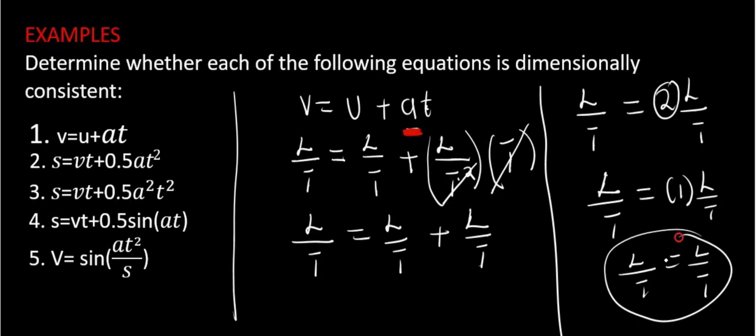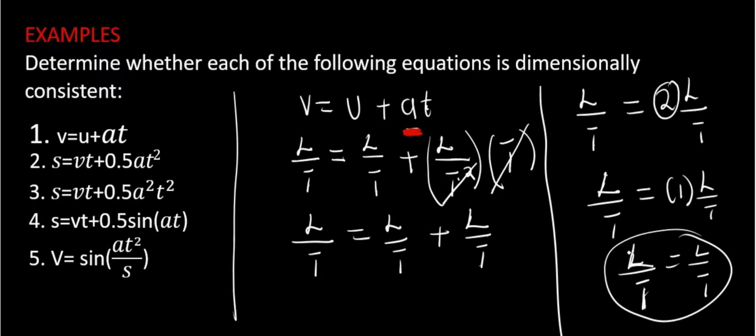Then if you look at the right side and the left side, both of them are equal. If both of them are equal, your conclusion is that the equation is dimensionally consistent.